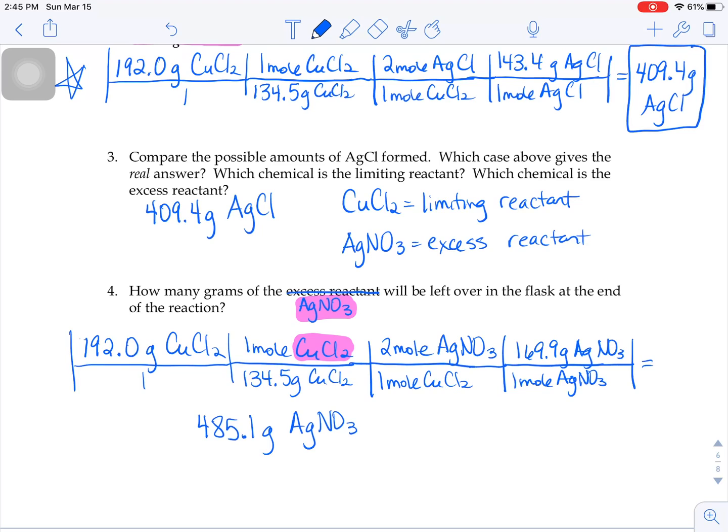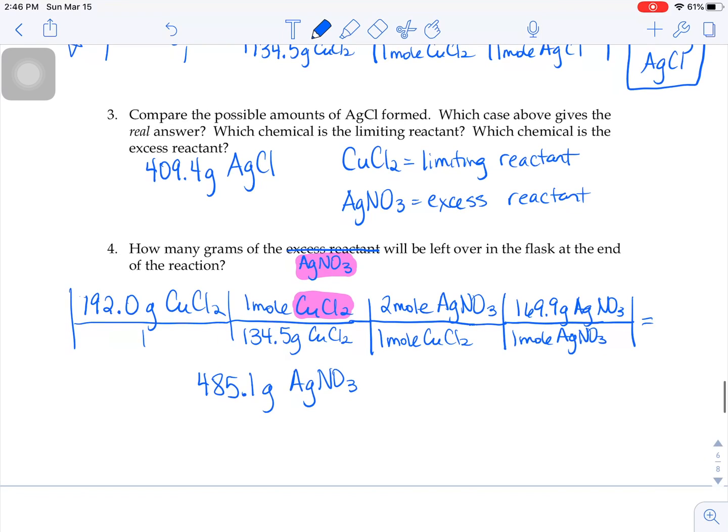But this isn't quite yet what the question was asking for. It wanted to know how many grams of silver nitrate would be left over when the reaction's done. But this number here, this 485, is not how much is left over. This is how much silver nitrate reacts.